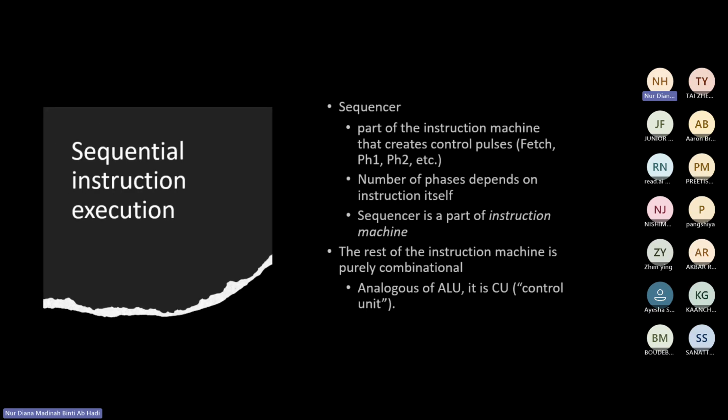So you're going to have your sequencer. The sequencer is actually a part of your instruction machine that creates the control pulses, for example fetch, phase one, phase two, and so on. The number of phases depends on the instruction itself. The rest of the instruction machine is purely combinational, analogous to your ALU, which is your CU.